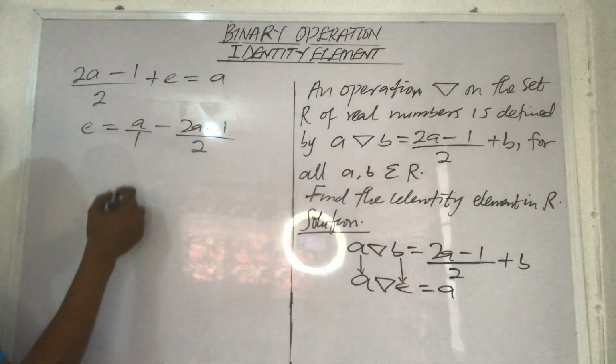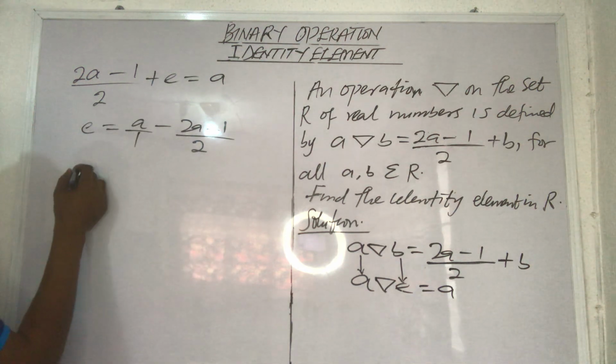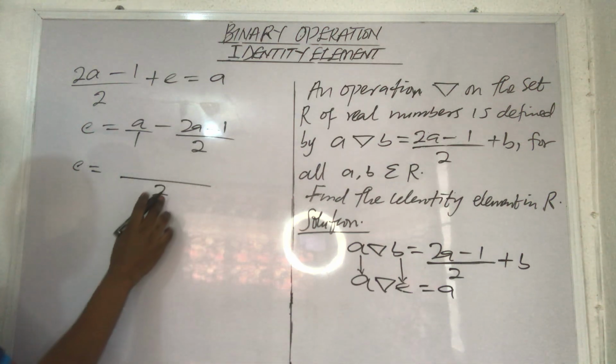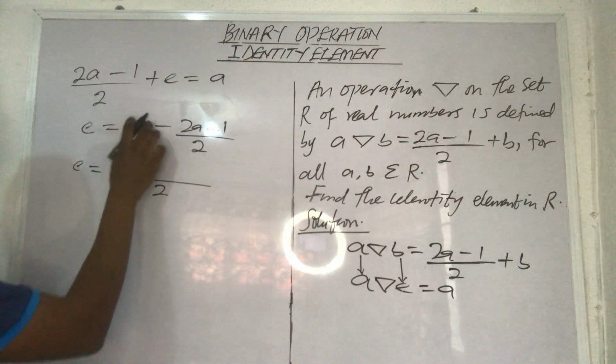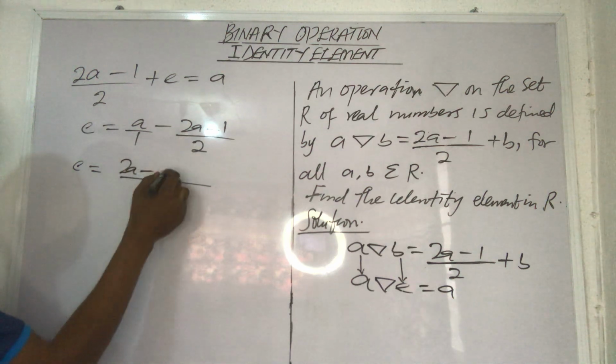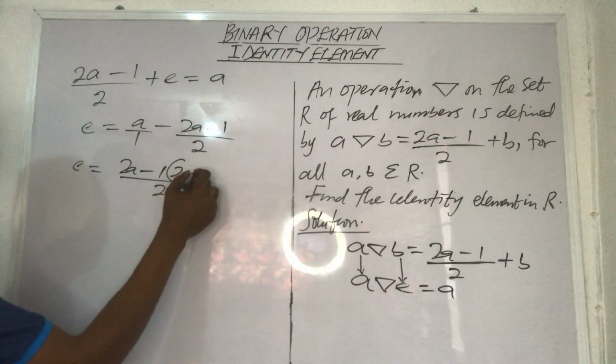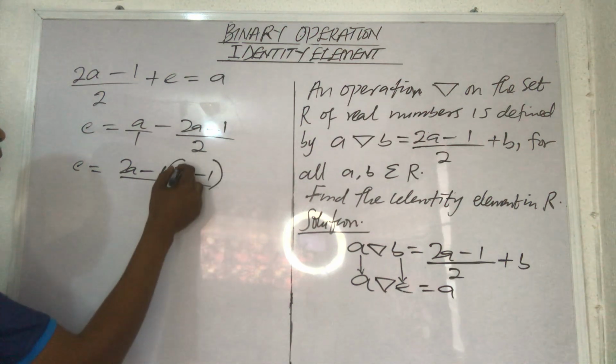Then this over 1. If I find my LCM, the LCM of this and this is 2. So 2 divided by 1 is 2, times A, you have 2A minus 2 divided by 2 is 1, times open bracket 2A minus 1.